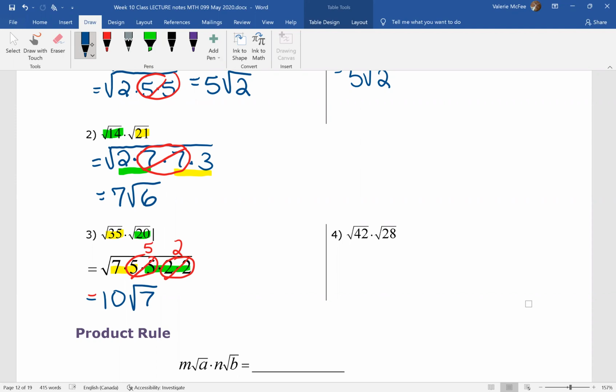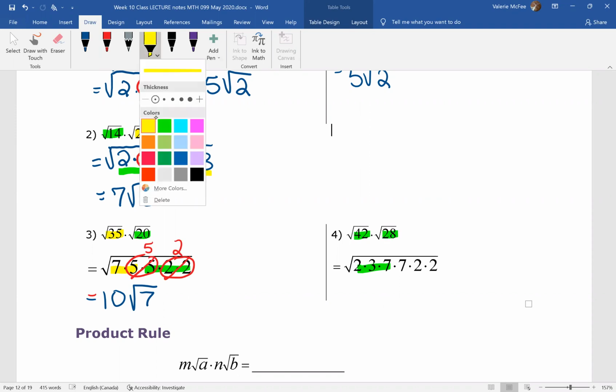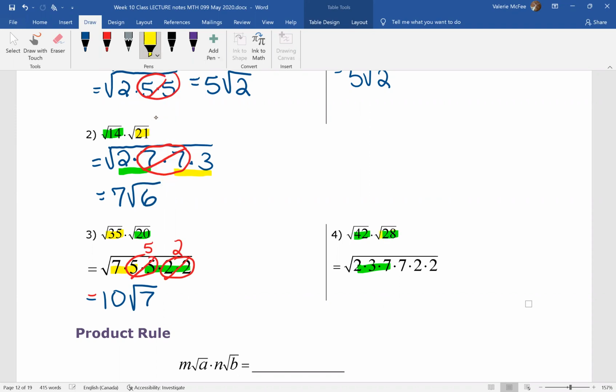Pause your video, do question 4. So we prime factored 42, 2 times 3 times 7. We prime factored 28, 2 times 2 times 7. And now we see we have 2 factors of 7 we can take out and 2 factors of 2. 2 times 7 is 14, and there's the root of 6 left.